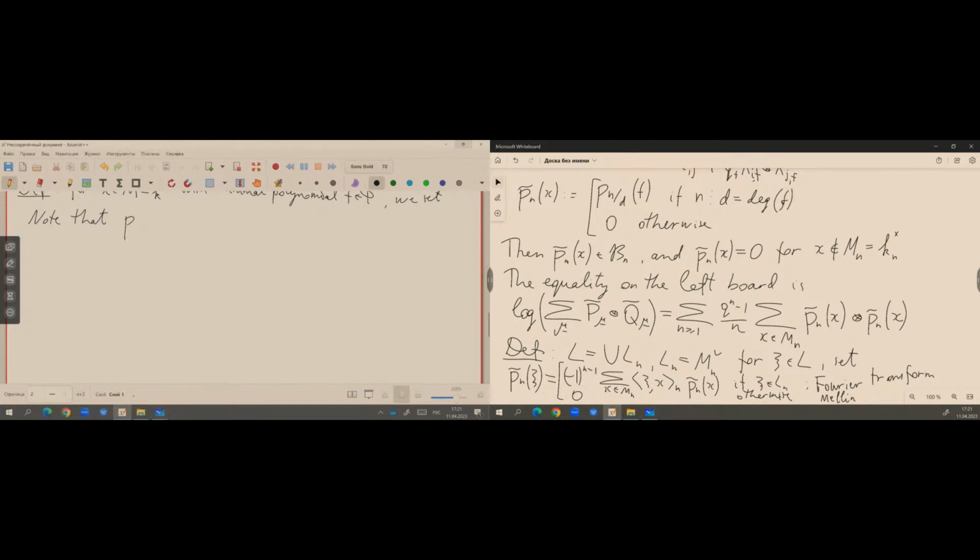So P tilde M of xi equals P tilde M of beta if beta equals Frobenius of xi.